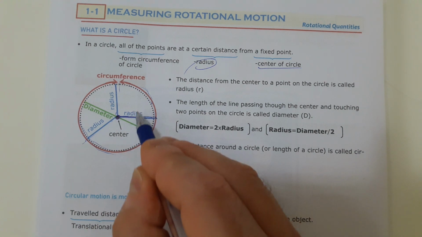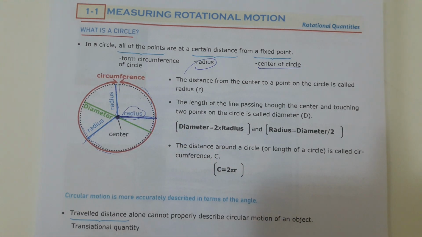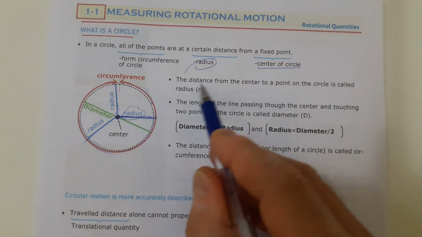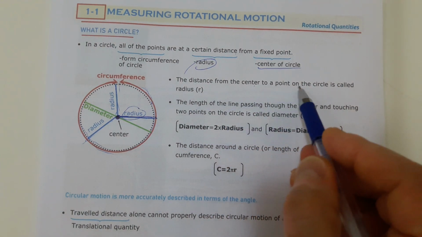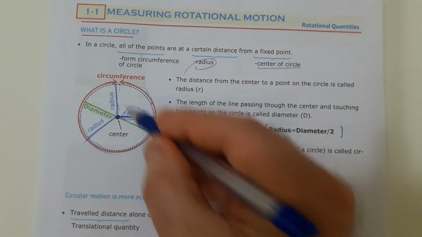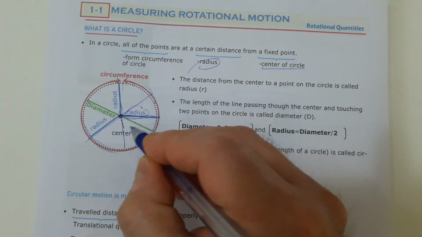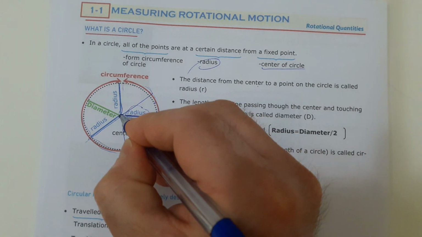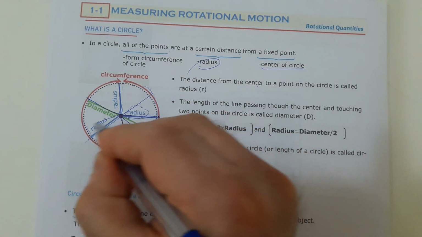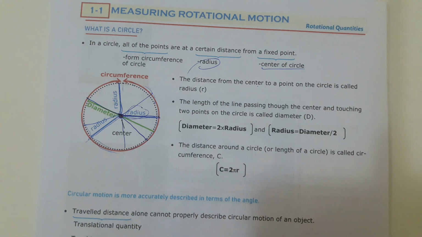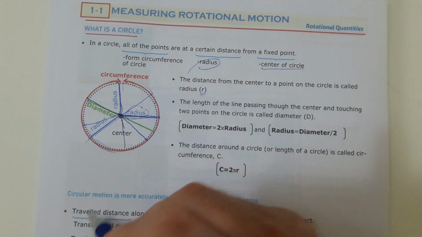That distance is known as the radius of the circle. The distance from the center to a point on a circle is called the radius. This is a radius, this is a radius, that is a radius. Every line from the center to a point on the circumference is named the radius and represented by r.